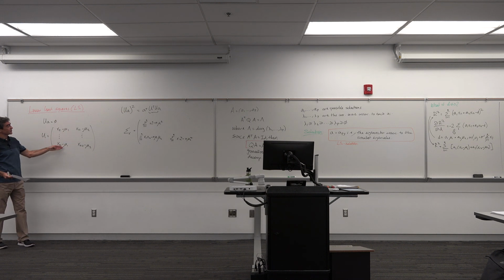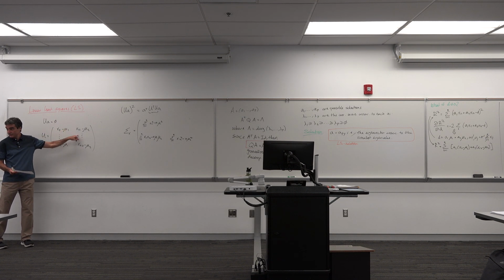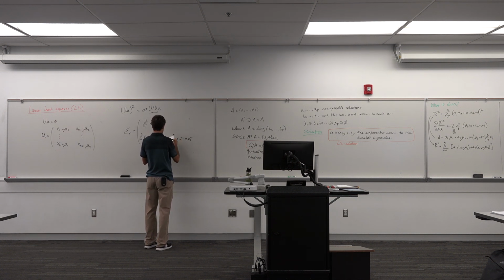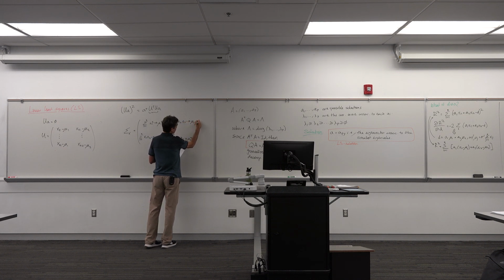And that's easy to see because this is U transpose U, so you just transpose this and multiply it by the other one. And the same thing in this other off diagonal: the sum from 1 through n of xi1 xi2 minus n mu1 mu2.